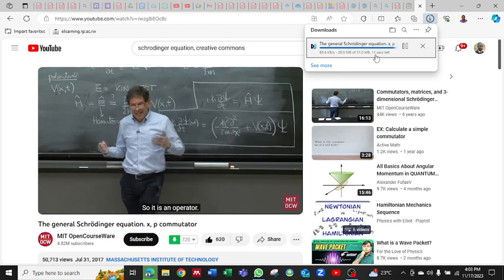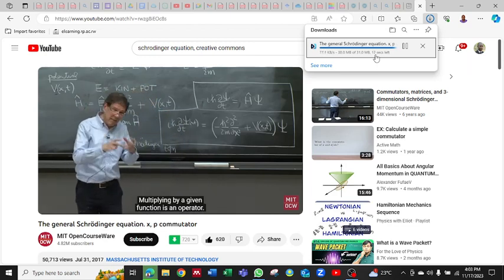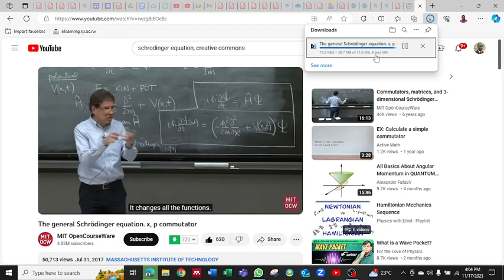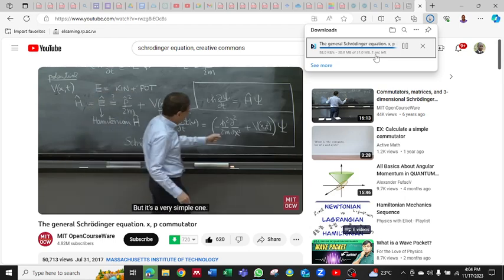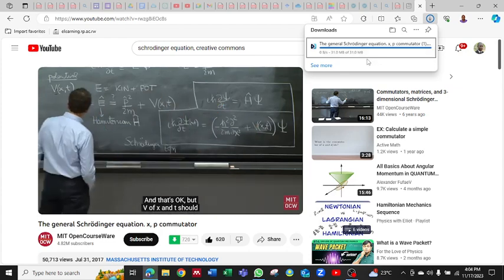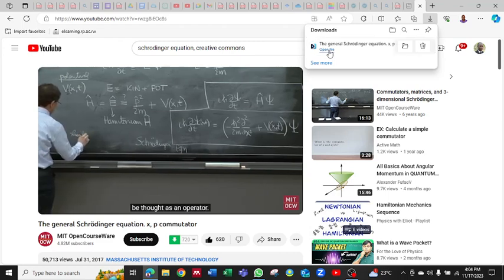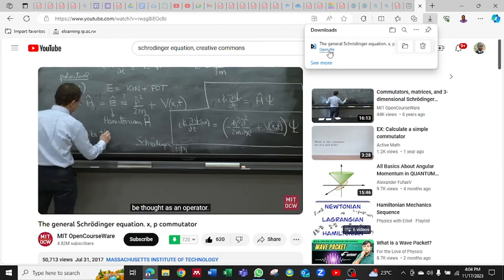So it is an operator. Multiplying by a given function is an operator. It changes all the functions. But it's a very simple one. And that's okay. But V of x and t should be thought as an operator.